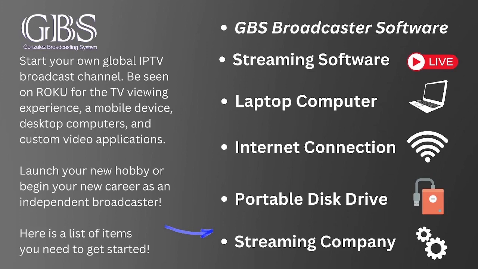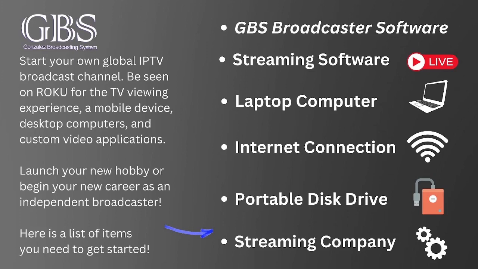But your computer and your local internet connection is not strong enough to have 1,000 people connecting to it in order to watch what you're broadcasting. So there are companies that specialize in taking a signal from you and putting it through their system, which enables your signal to be distributed to thousands of people around the world, and it prevents you from having to allow people to connect directly to your computer.